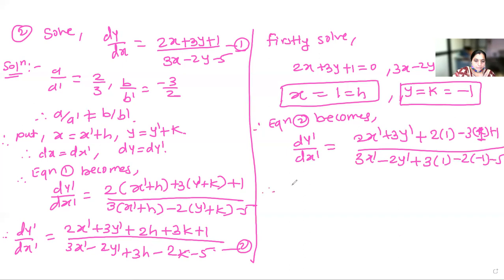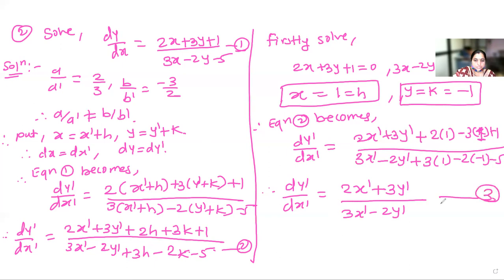Therefore dy dash by dx dash is equal to 2x dash plus 3y dash. You can see 2 plus 1, 3 minus 3 get cancelled, divided by 3x dash minus 2y dash, and 3 plus 2, 5 minus 5 get cancelled. So here your equation 1, that is non-homogeneous, is now converted into a homogeneous equation.